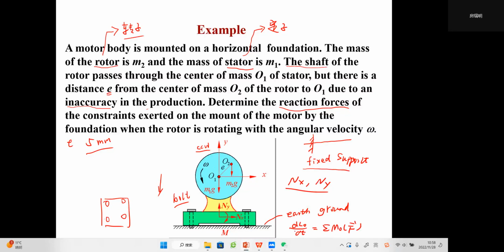So the moment of momentum about a fixed point, its derivative, will be equal to the moment of all the external forces about the same point. So we will learn this theorem in the next chapter, chapter 13.